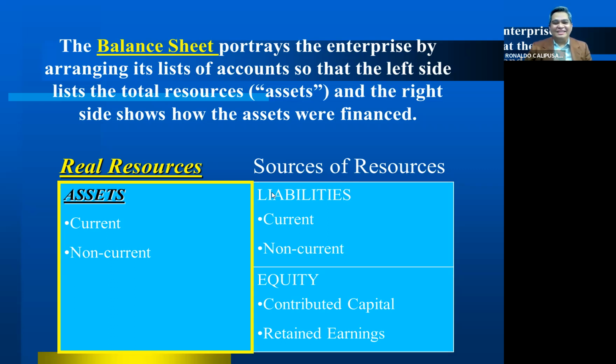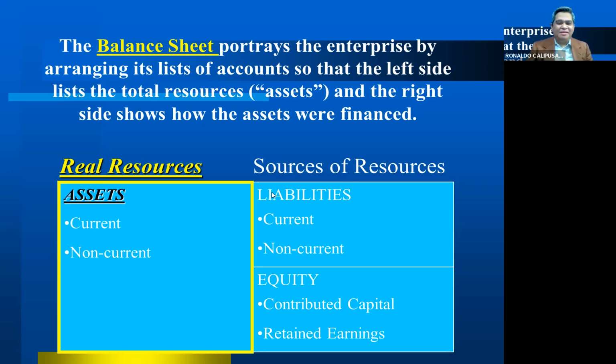So look at this left side, right side. What can you see in the left side? The assets. Please take note, there's current assets, non-current assets, liabilities, current liabilities, non-current liabilities. So both assets and liabilities have their current and non-current portion.